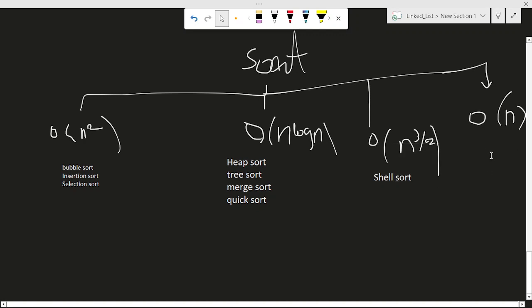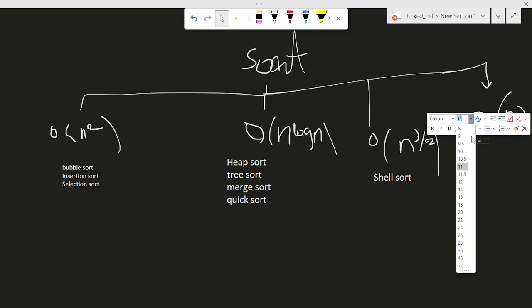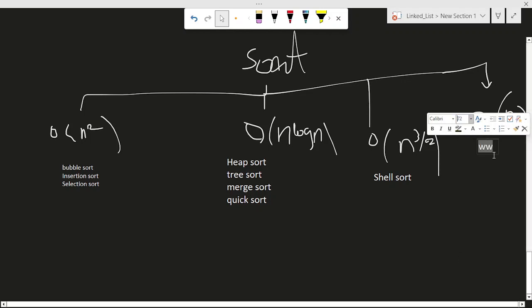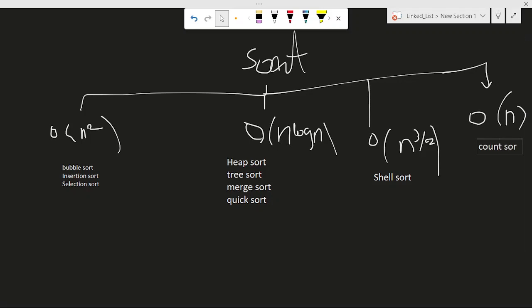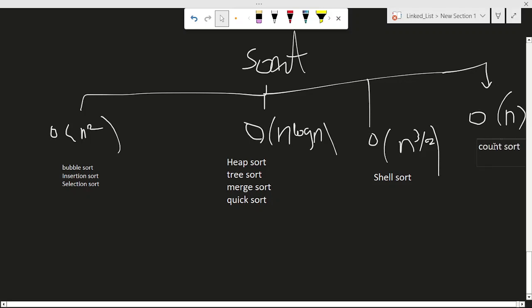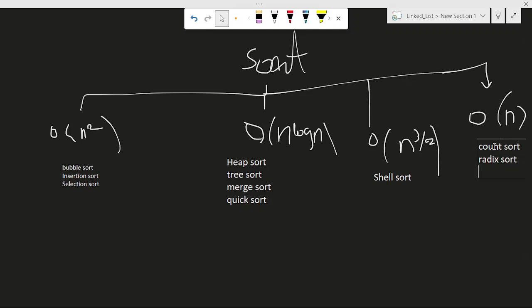And in the last class we will have again three divisions. The first one is count sort, C-O-U-N-T, the second one is radix sort, and the third one is bucket sort, B-U-C-K-E-T, or bin sort. So these are the 11 sorting techniques that we are going to study.